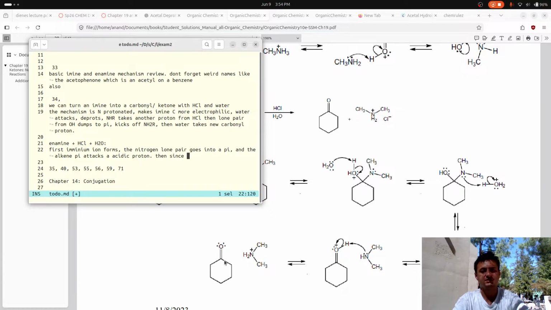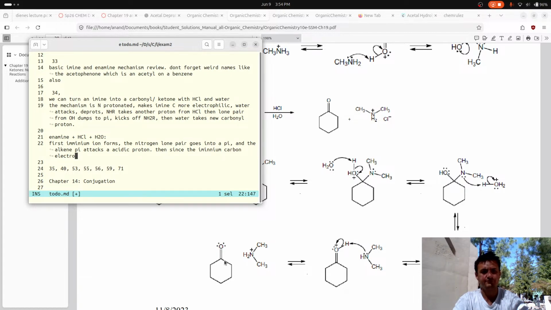Then, since the imine carbon is electrophilic, water can attack, then deprotonate.